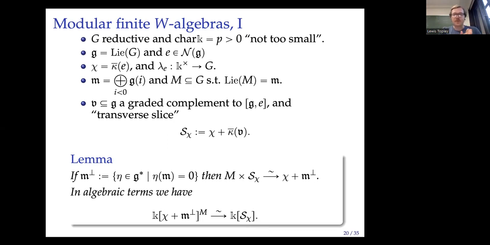Now, the important thing about this is that it equips this slice with a Poisson structure by the process called Hamiltonian reduction. So g star has a Poisson structure, its coordinate ring is a Poisson algebra. And if we take any two elements in this algebra here, and we lift them up into the coordinate ring of g star in an arbitrary fashion, and then take their Poisson bracket, then project back down, then in any normal situation, lifting and then multiplying and projecting would not give you something that's well defined.